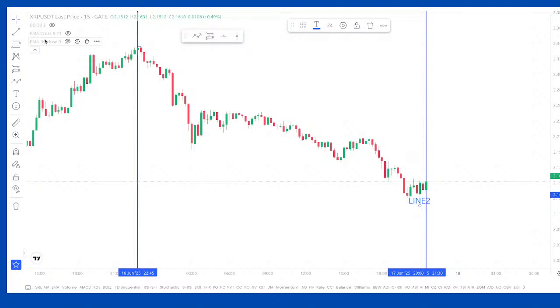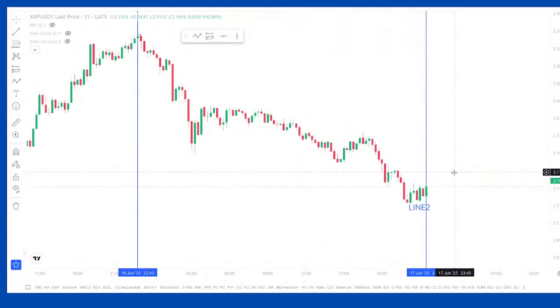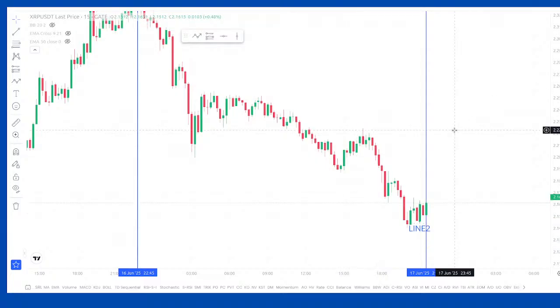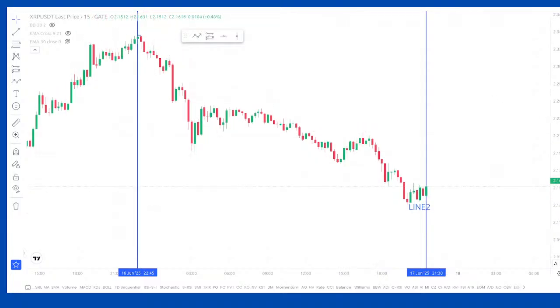Now you want to come up with your signal, and this is what normally happens. So now you have identified the trend. For this case, you can easily see that from that particular moment, the trend has been a downtrend. It has actually been going down, as you can see.